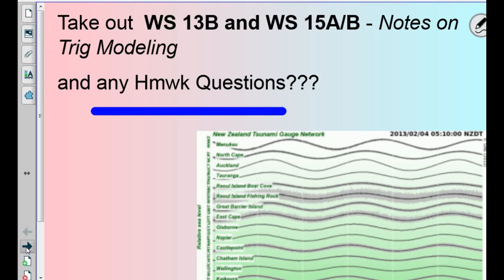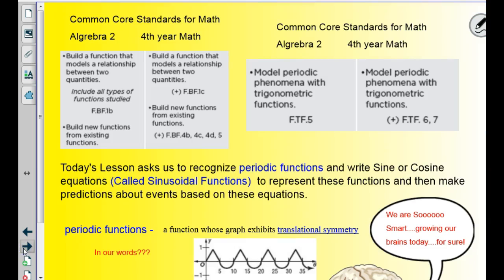Nobody? All right, guys. This lesson looks all fancy. I'll be real honest and tell you I was evaluated one year, and so I made really fancy slides here. But it is a really important Common Core standard that you can build a function that models two relationships, including trig functions, okay?